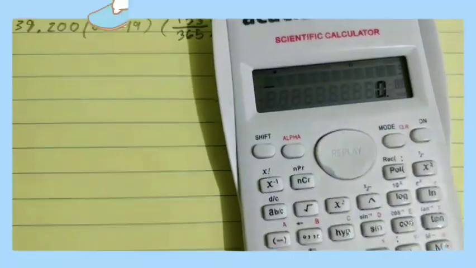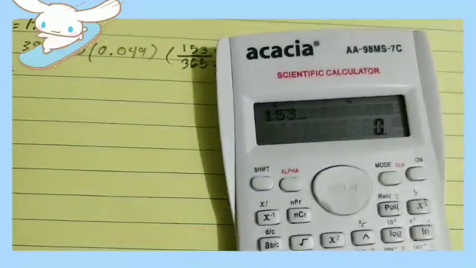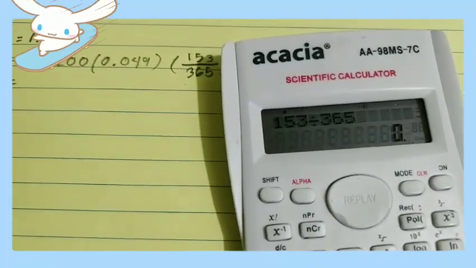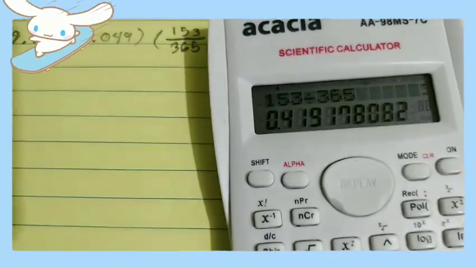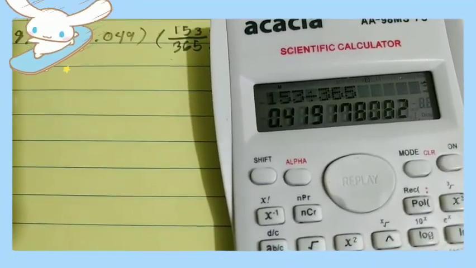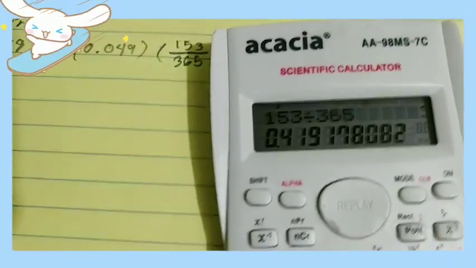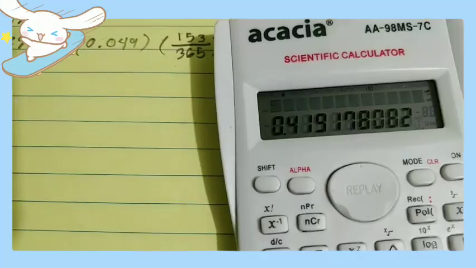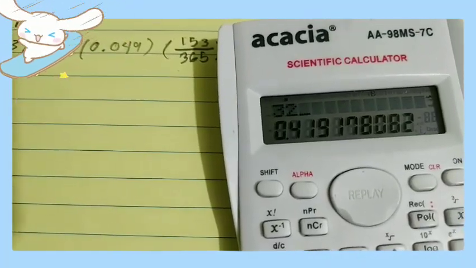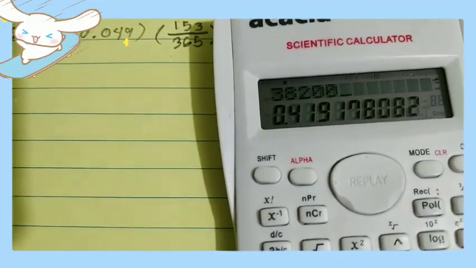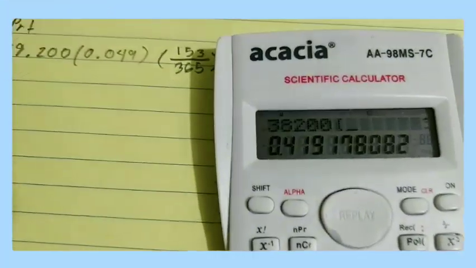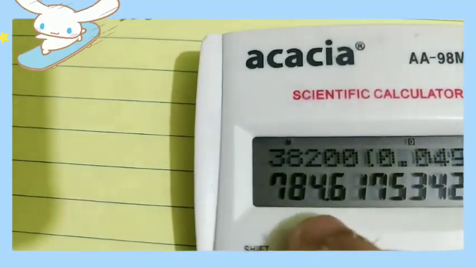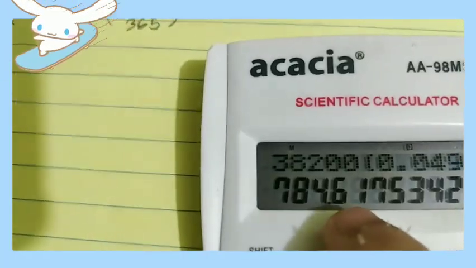Compute it again. 153 divided by 365 equals to that, and quickly press 38,200, and compute it like that again, and you'll get 784.6.